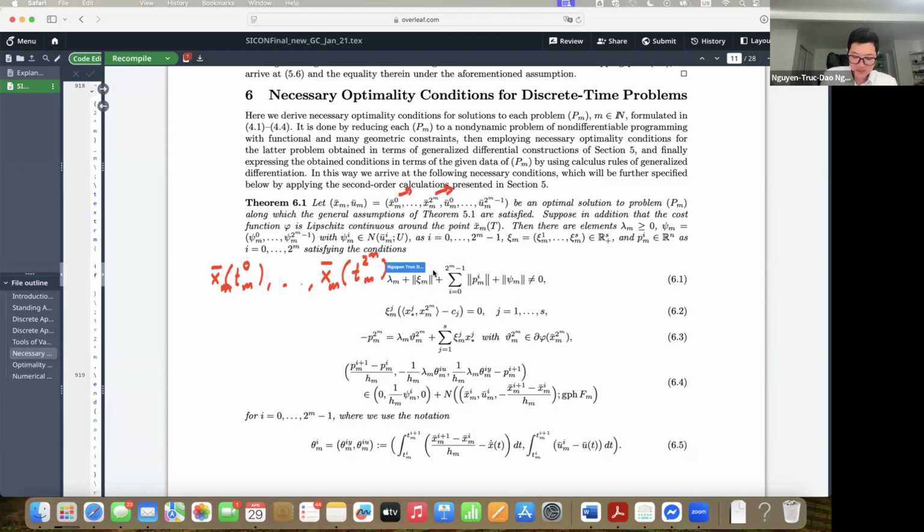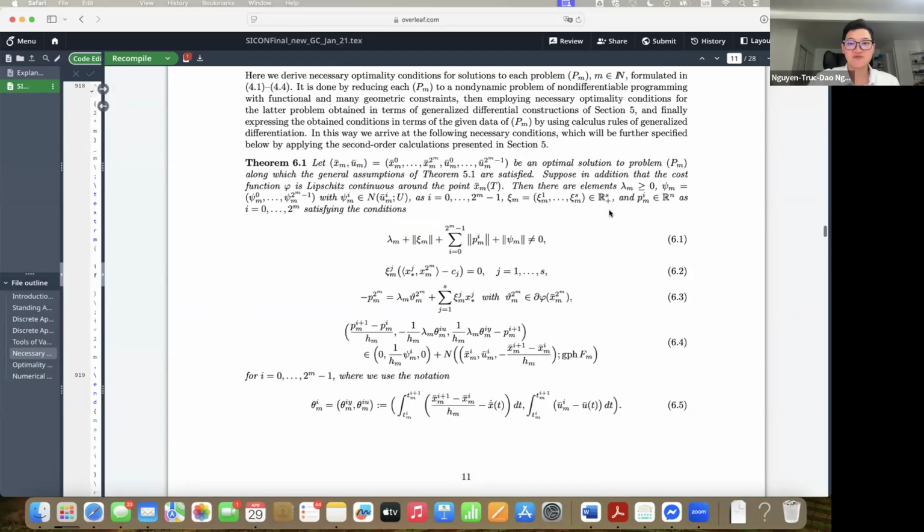And similarly for u, these are all the values. So each of them belongs to R. It is a number. And this one is x bar m, and the whole thing right here is u bar m. Okay, I'm going to clear this to make sure that we see the theorem. Is everything clear so far?